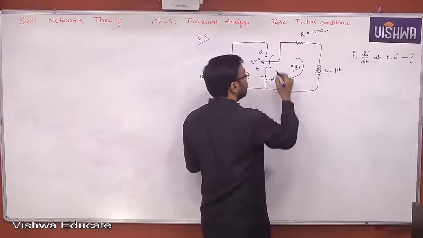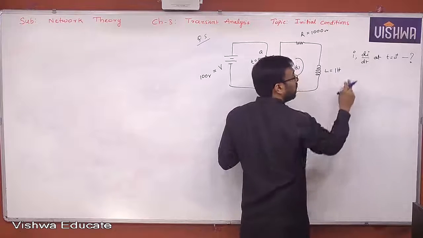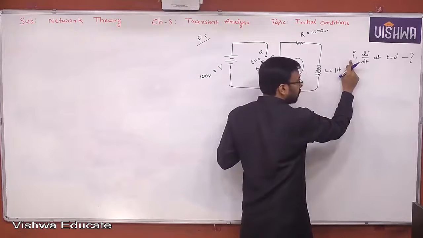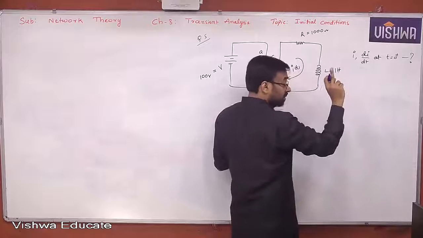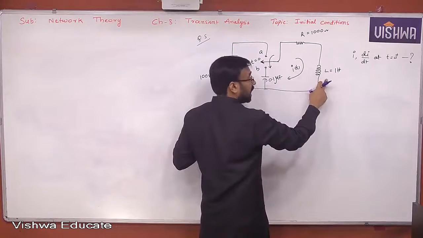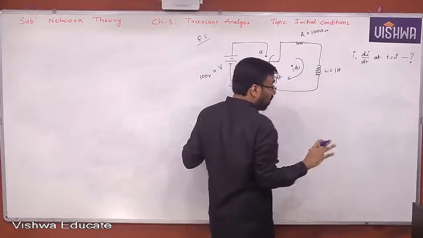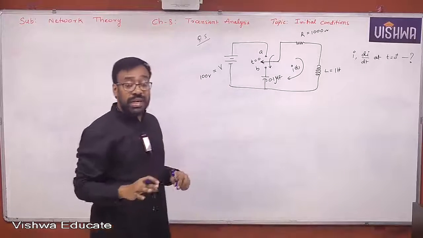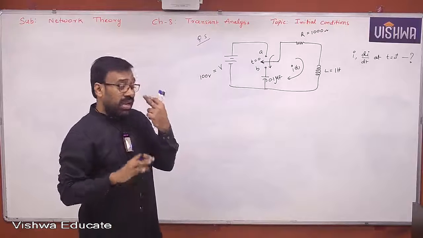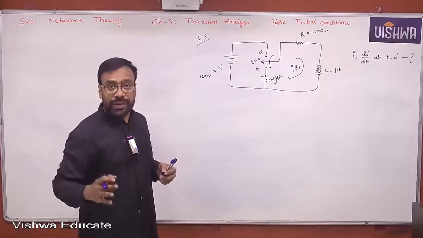Always, whenever the t equal to 0 plus conditions are asked, your focus must be on which quantity asked here. I. What is I first? I is the current through the inductor. You can ask me, sir, current through resistor, but current through inductor. I told you already, when there is a resistor connected in series with the inductor, the current through the resistor will also follow the similar behavior of what? The current through the inductor.